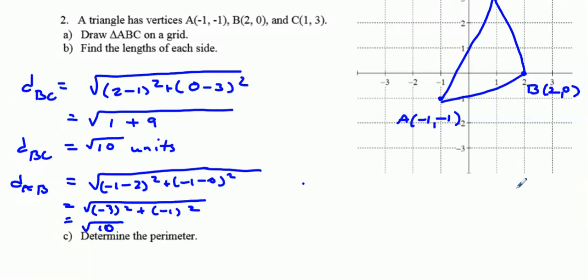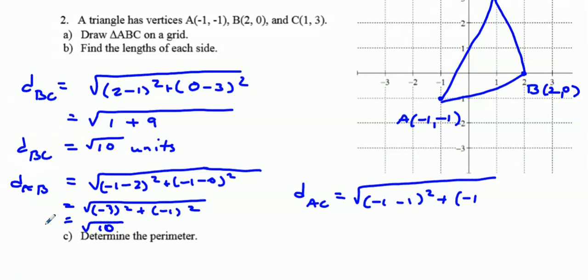Okay. I'm also going to find the distance of AC, and that's going to be the square root of negative 1 minus 1 squared. So that's negative 1 minus 1 plus negative 1 minus 3 squared.